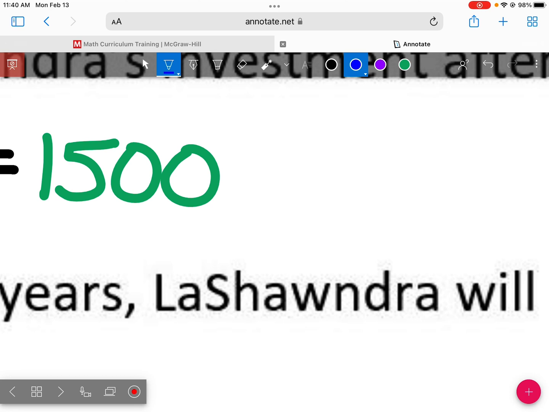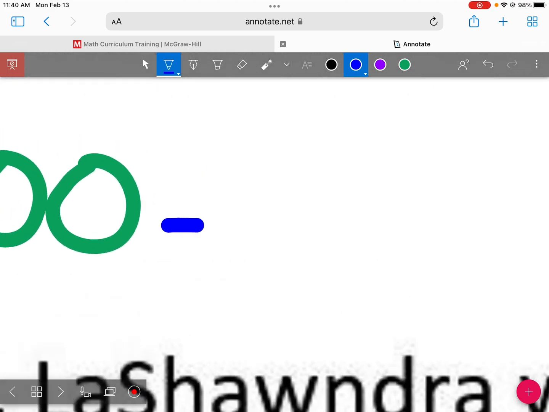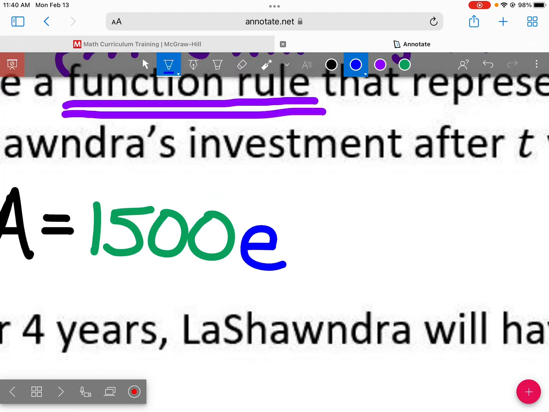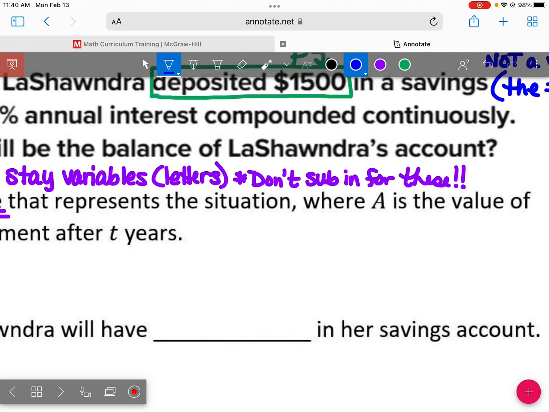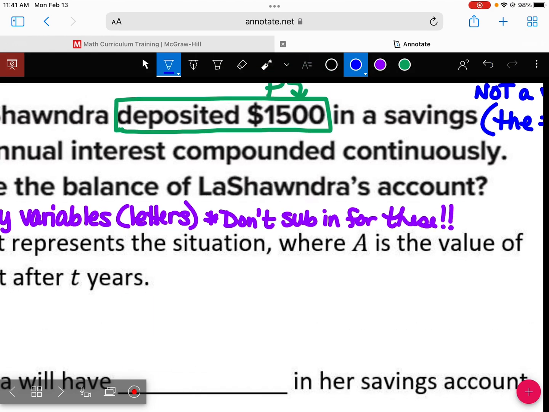Do I put parentheses in a 1 plus? No. We're going to put E. Why are we putting E? How do you know from the problem that we're supposed to use E? What's the key word that we're supposed to look for? I have a box around it up at the top. Continuously.